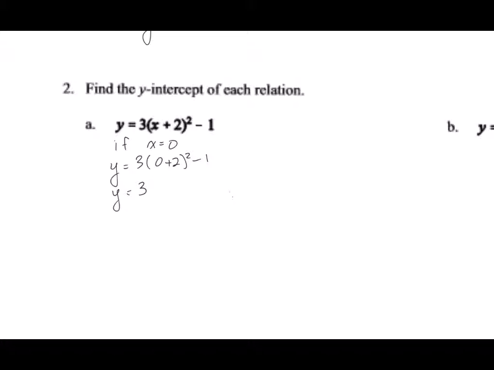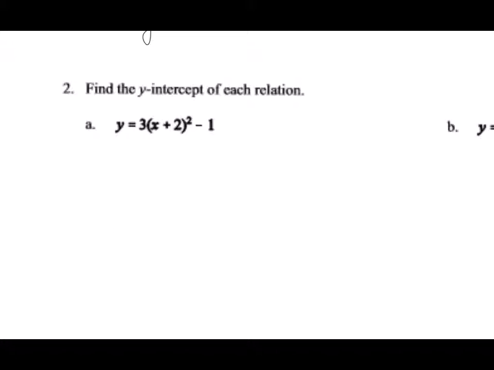And we simplify the bracket, so we get 3 times 2 raised to the power 2 minus 1. 2 squared is 4, so now we have 3 times 4 minus 1. And we end up with y is equal to 12 minus 1, which is equal to 11. So this is our y-intercept. When we let x equal 0, solve for y, that gives us our y-intercept.